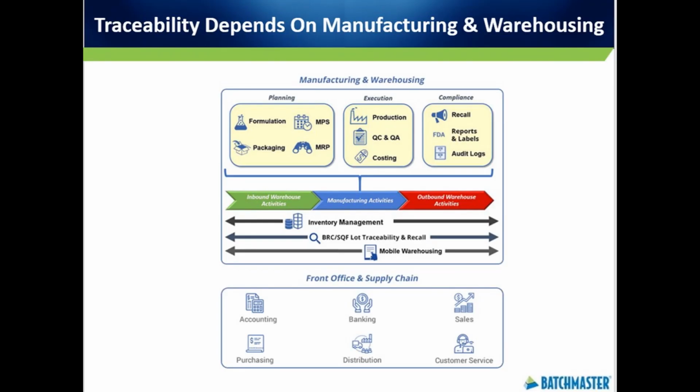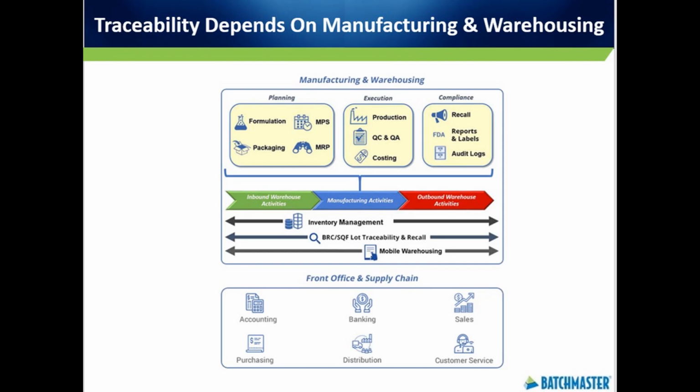Well, I hope you can see that lot traceability and recall really depends on the comprehensive lot management capabilities within your manufacturing and warehousing processes. As you can see, lot traceability goes from inbound through manufacturing to outbound. We can execute that with mobile warehousing on smart devices.